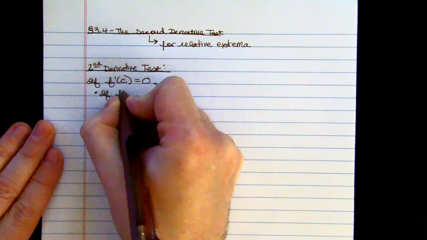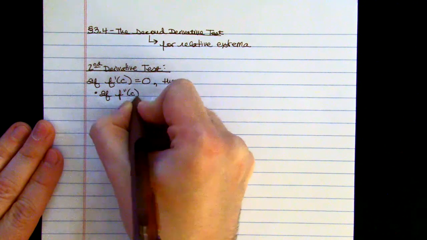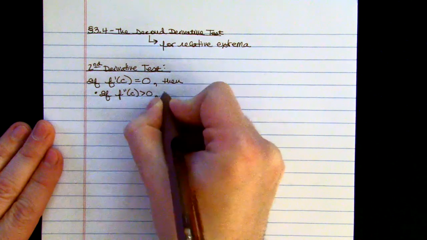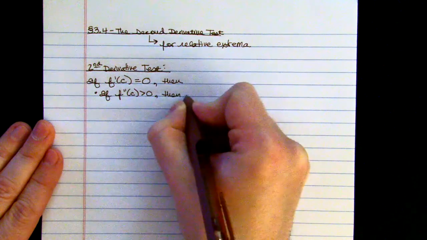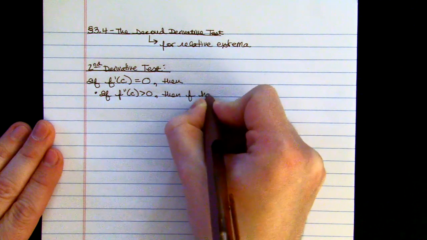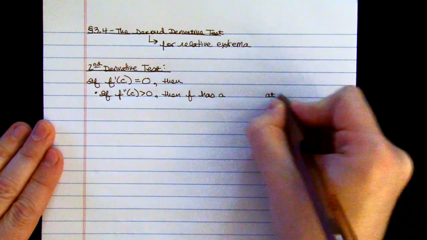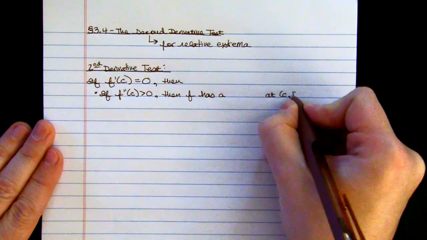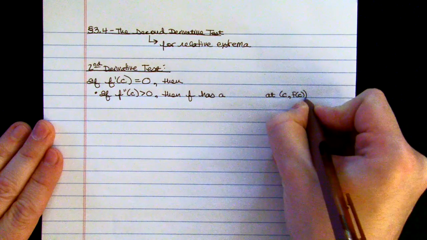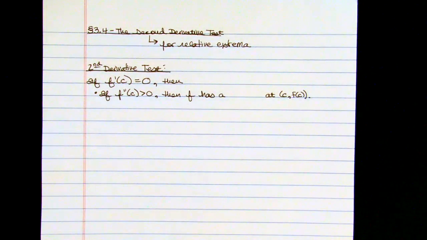If f double prime of c is positive, then f has a something at the point c comma f of c.